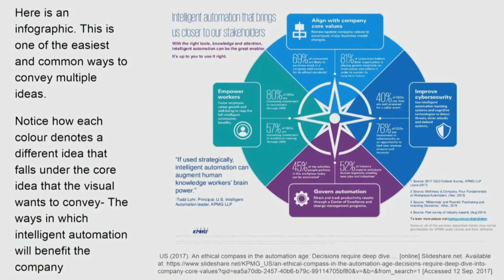Look at this now. Another example is called an infographic: Automation that brings us closer to our stakeholders. I am not going into the details of this, but look at the way it has been color coded, and each color suggests a different idea. Aligned with company core values, empower workers, govern automation, improve cyber security.